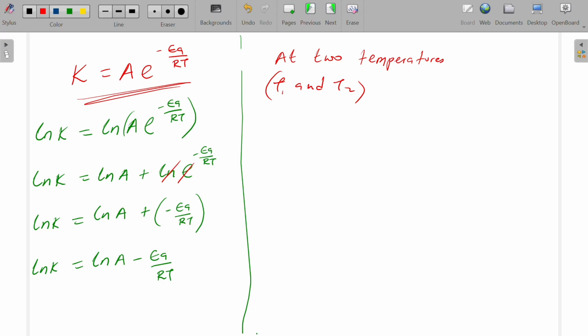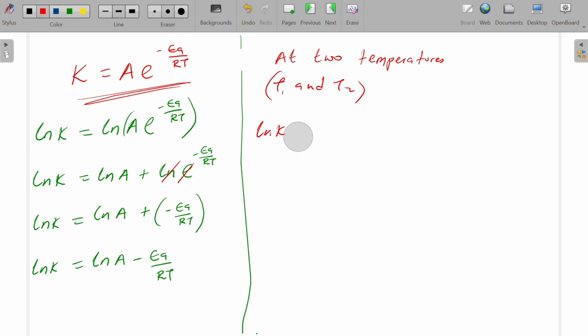We are using this expression we have found as a standard one, and saying at two temperatures we're going to have k1 and T1, and on the other side k2 and T2.